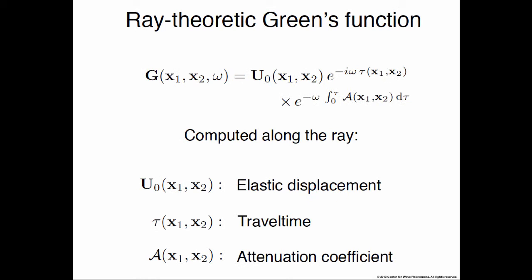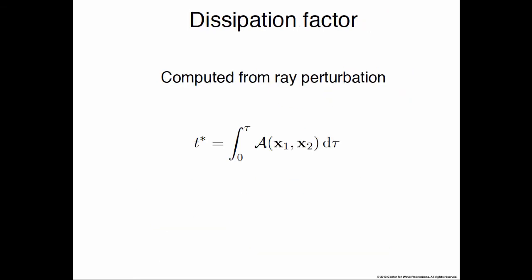And if you notice, there was the harmonic component in the Green's function, and then there was the exponentially decaying dissipative component due to attenuation. And to emphasize again, I'm computing this dissipation factor, which I've called T star, from ray perturbation theory.